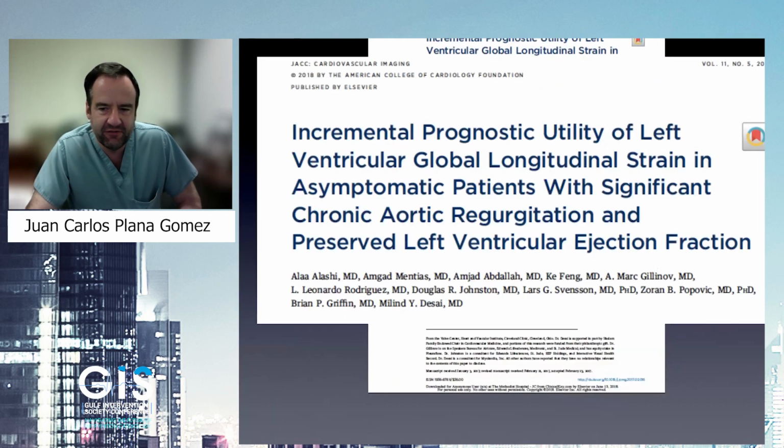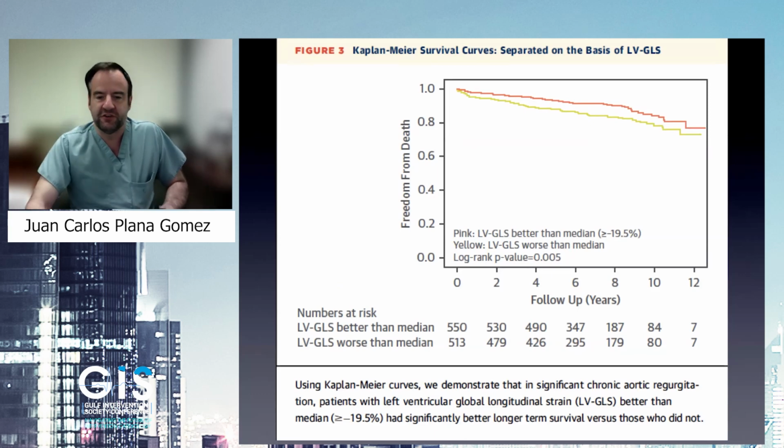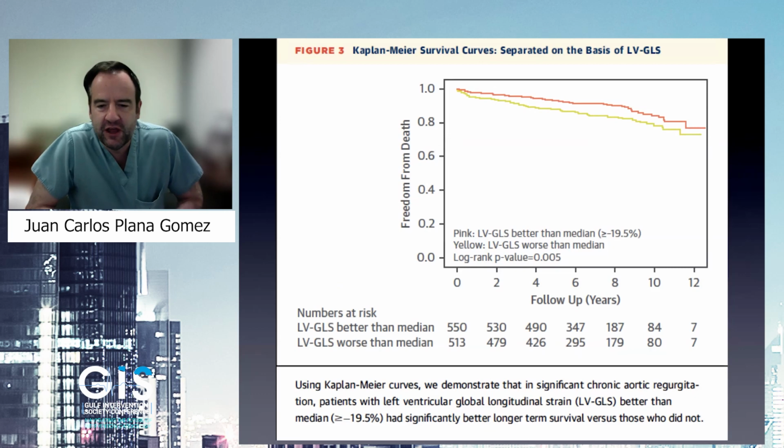Now, this is data from my former colleagues at Cleveland Clinic, and this tells us that once you develop an abnormal global longitudinal strain in the setting of aortic insufficiency, it's pretty high. If it becomes less negative than minus 19.5, this will carry a poor prognosis in terms of freedom from death. So not only are these ventricles not recovering, but there is a price to pay in terms of mortality for these patients.